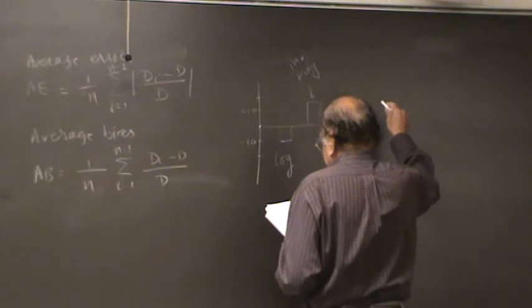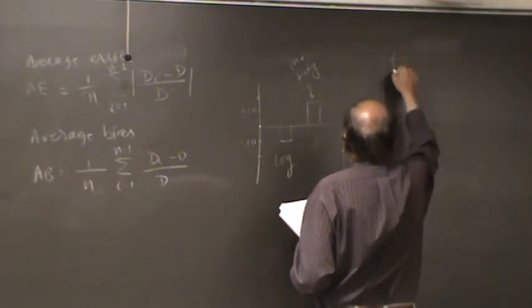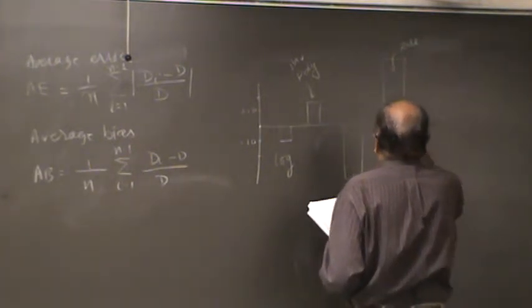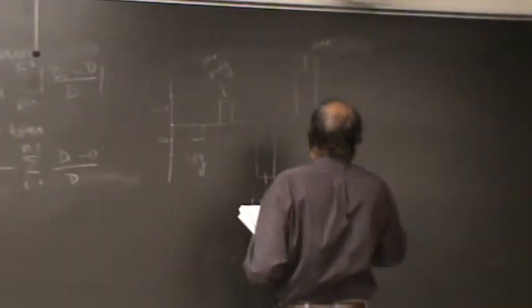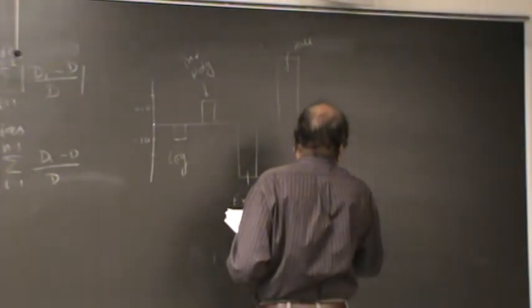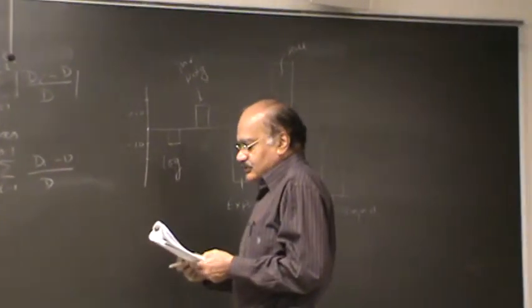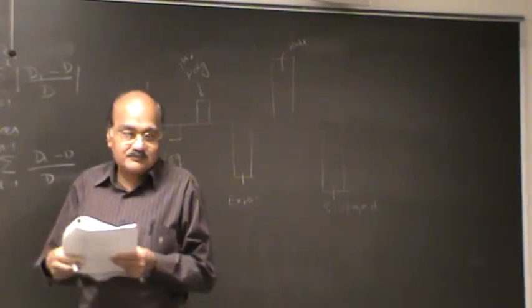And then there is a power model, which we have not talked about. And there is an S-shaped model. So this shows the average error, average bias.